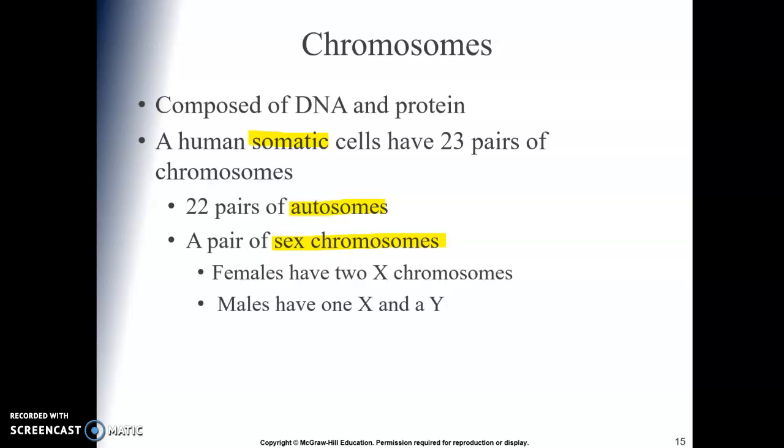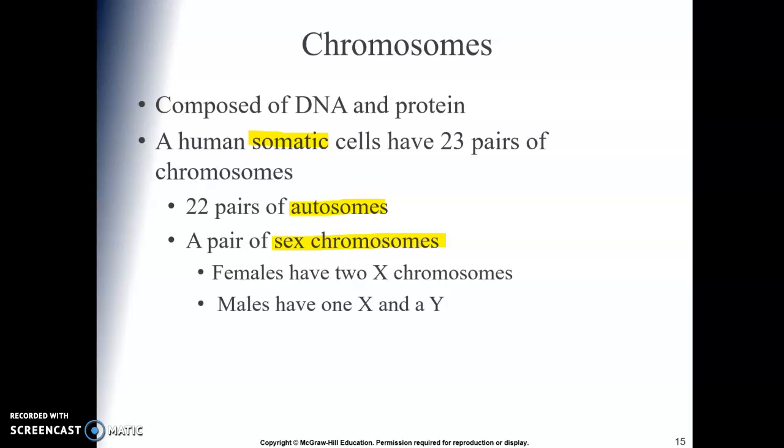Females have two X chromosomes and males have one X and a Y. One of the implications, which we'll be talking about at a later date, has to do with the presence of a whole body of illnesses known as sex-linked illnesses.